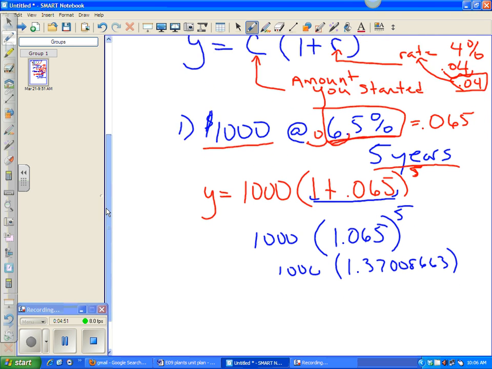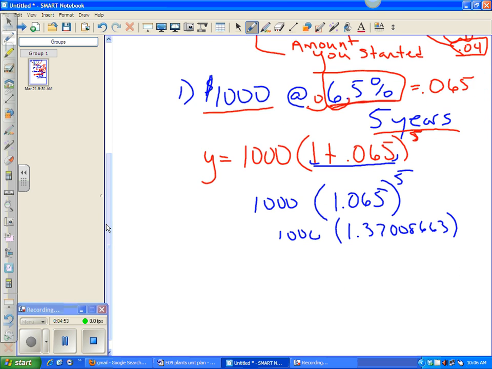Let me scroll this up so you can see it a little bit better. This times 1,000 gives me 1370.0866. Now, is there really a point zero eight six six pennies? No. So we need to round to the nearest hundredth, which will give us $1,370.09.